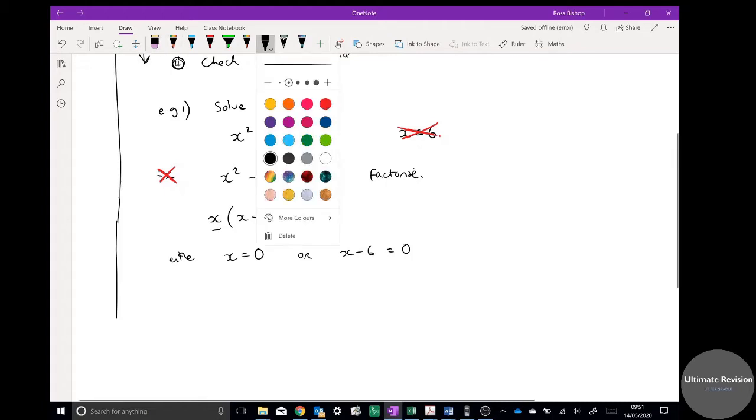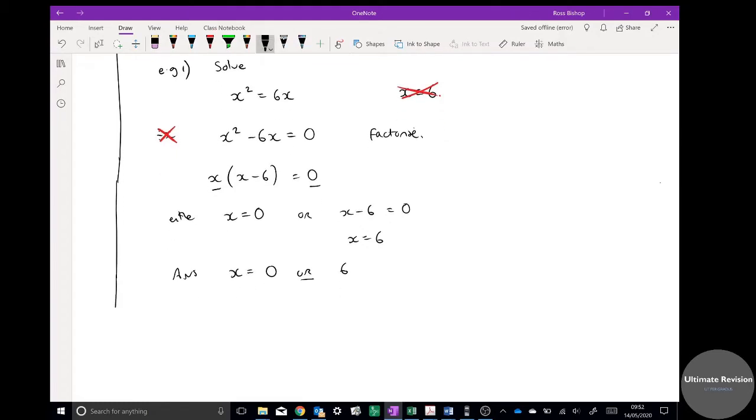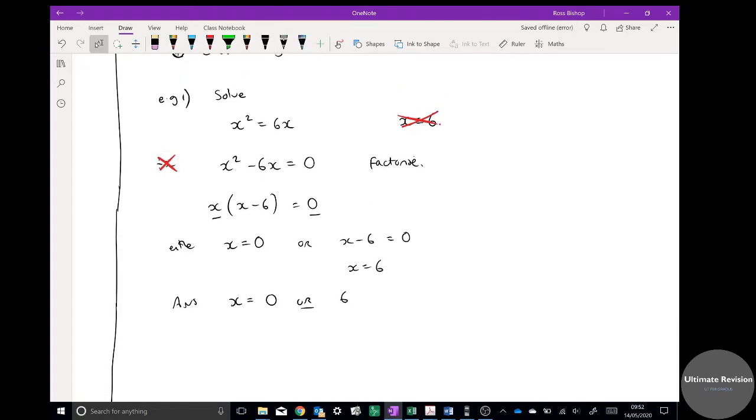So therefore x equals 6. So your final answer there, x is going to equal 0 or 6. Okay, 2 possible answers there. And you can check by putting that back into the original. Okay, so that's example number 1.